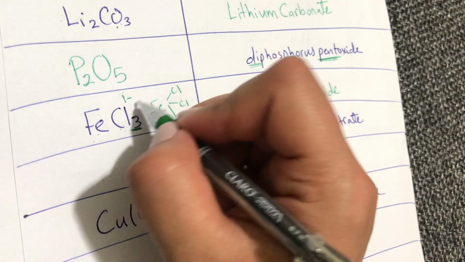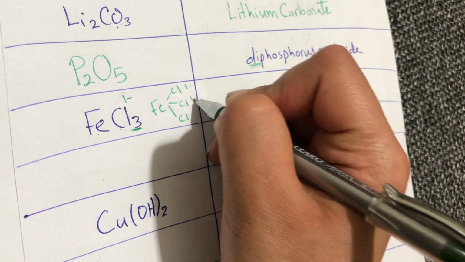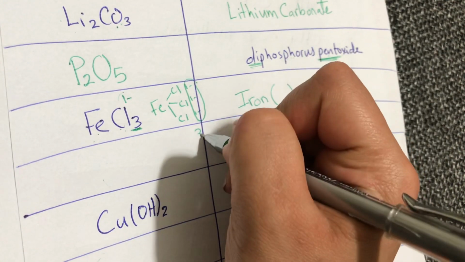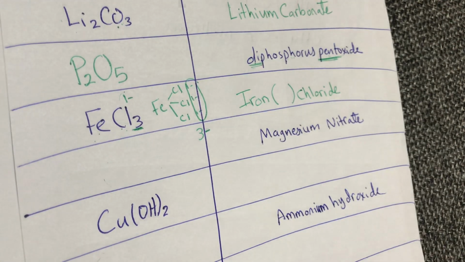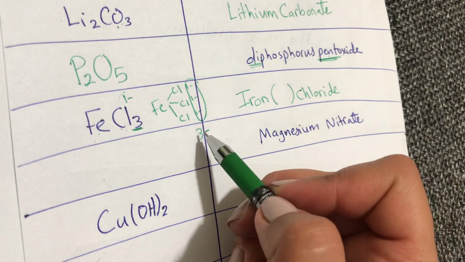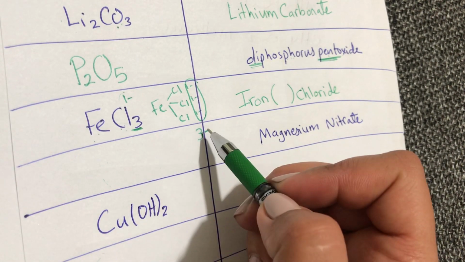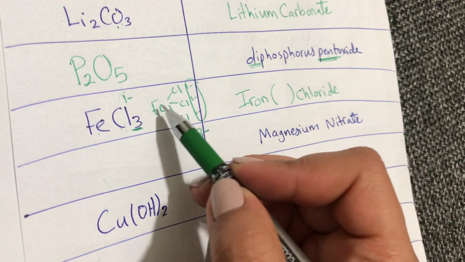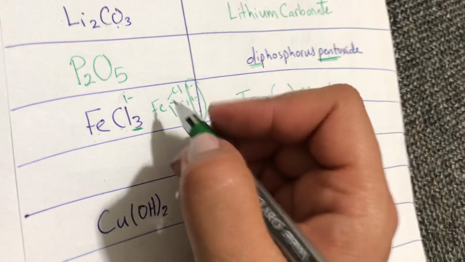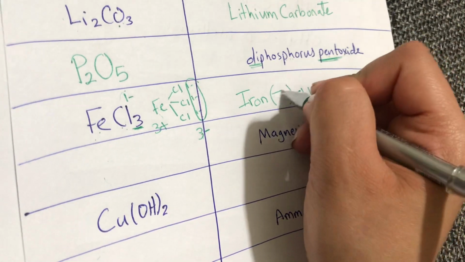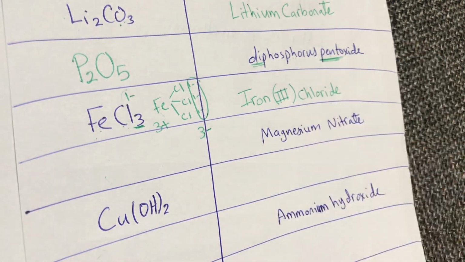Each of these carries -1. So the total is -3. So the positive charge must be equal to the negative charge. If the total negative charge is -3, the total positive charge is +3. So the charge is 3.